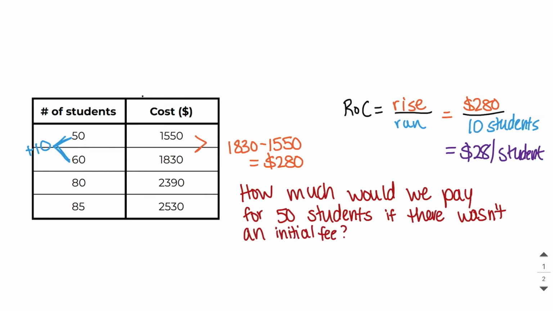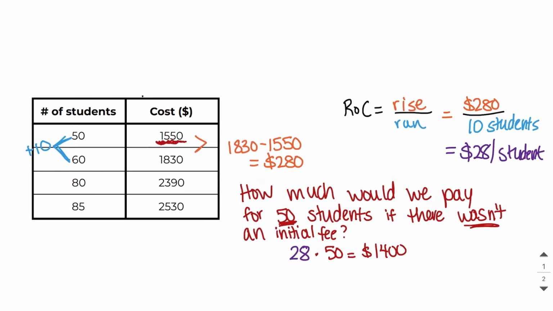And that question that I would ask myself is how much would we pay for 50 students if there wasn't an initial fee? This $1,550 here tells us how much we would pay if there was an initial fee, but I want to know how much it would be if there wasn't one. Well, if it's $28 per student and there are 50 students, then I would multiply 28 by 50, and when I do that, I end up getting $1,400.